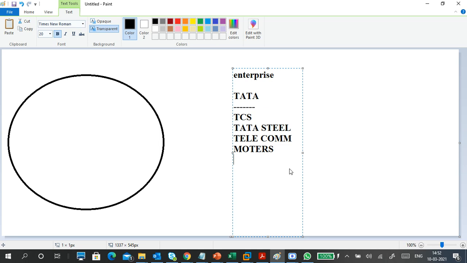They started with the steel industry, then other businesses like Tata Communication, telecommunication, Tata Motors, Tata Communication Services. These all came later, but all are in the same enterprise. That we call a forest.